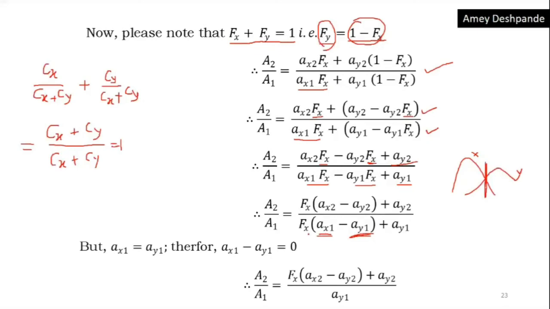Subtracting one term from the same term, this term will become 0. So multiplication of fx to that 0 will also become 0. So in the denominator you get only ay1. Please complete till over here. Copy down the entire slide and let me know. If you have doubt, please ask me.